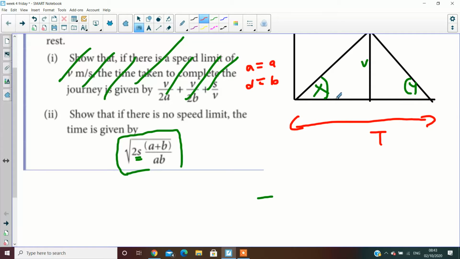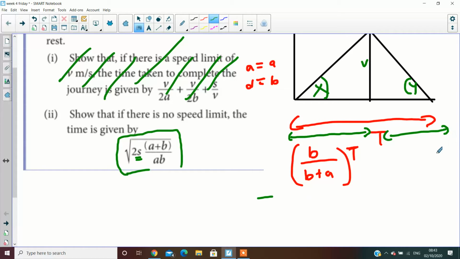So what can we say here then? This one is the deceleration divided by B plus A. That's the fraction of the total time it takes, and multiply that by t. That this time is this part here. Everybody cool with that? Can anybody make a prediction on what the other one's going to be?